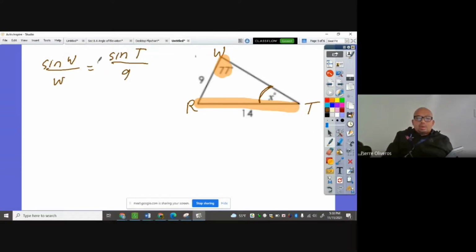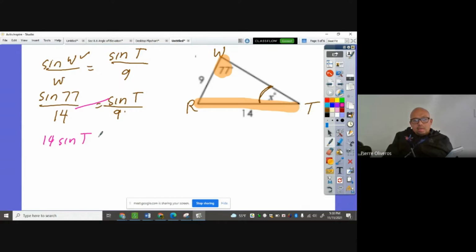Same thing, you're going to cross multiply them. But remember, W is given to be sine of 77 over 14, is equal to sine of T, which is unknown, over 9. We will cross multiply them. Sine of T times 14 is 14 sine T, is equal to 9 times sine of 77.